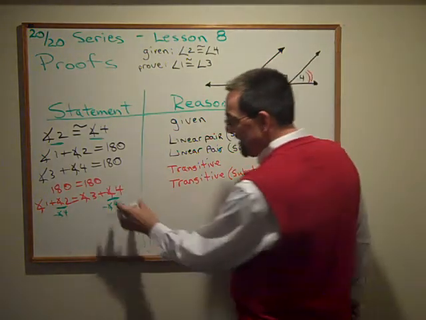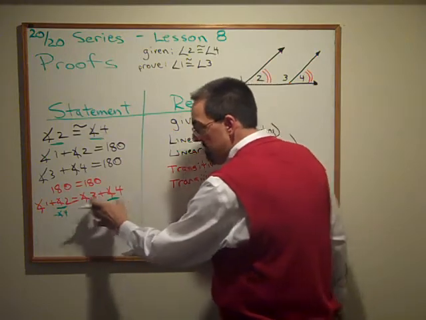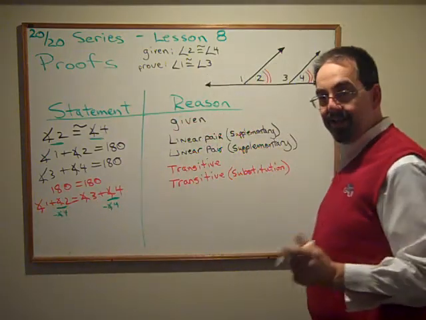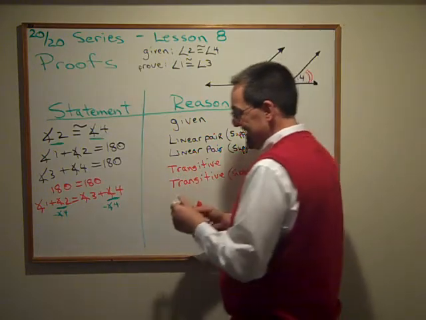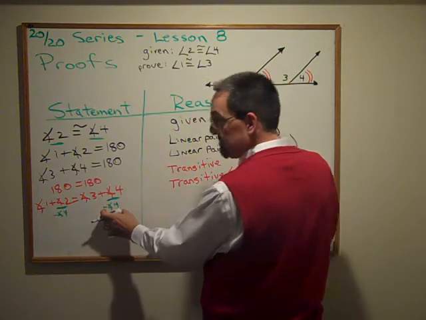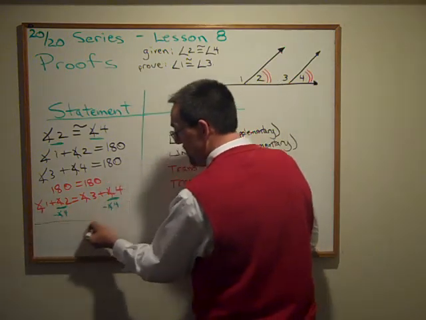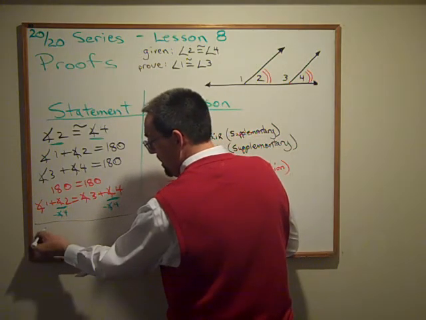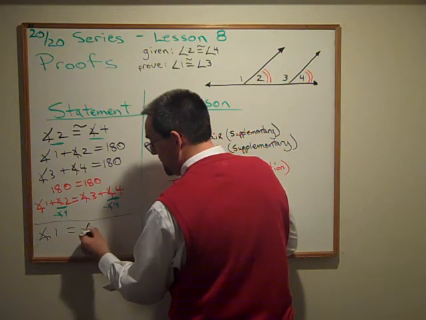Do you see it? 2 and 4 are equal. If I've got the same number on both sides, they cancel each other. Nice. So let's say it was like 20 degrees. 20 degrees minus 20 degrees is 0. Angle 1 is equal to angle 3.